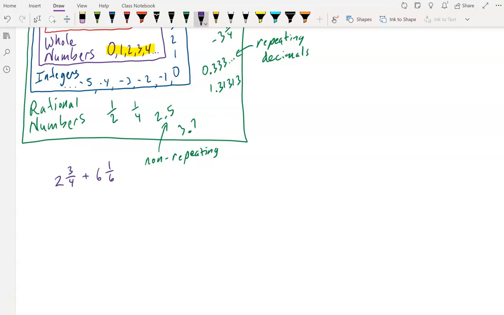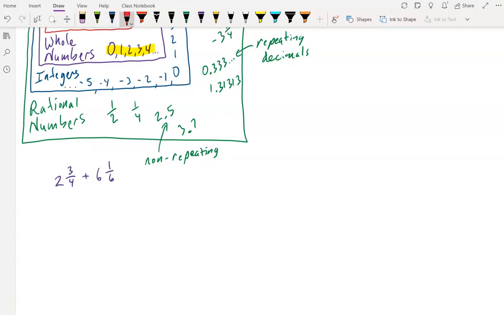first. We have to convert these mixed numbers to improper fractions. So let's do that. 2 3/4 plus 6 1/6. First of all, convert our mixed numbers to improper fractions.